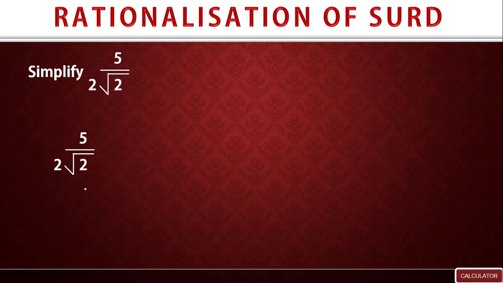If we solve a particular question and arrive at an answer like this, where we have a root at the denominator side, we need to rationalize it. So in this case, we need to rationalize this denominator so as to move this root 2 to the numerator side. I want you to be careful here.